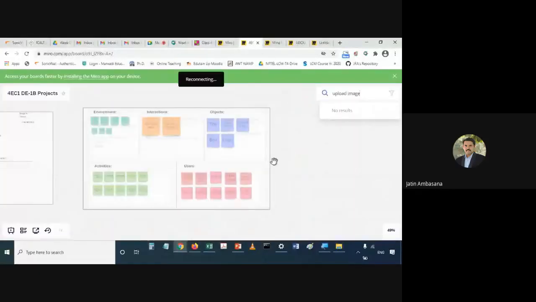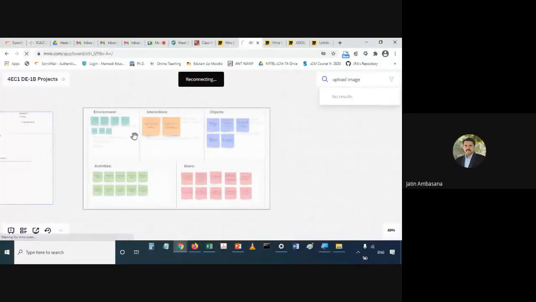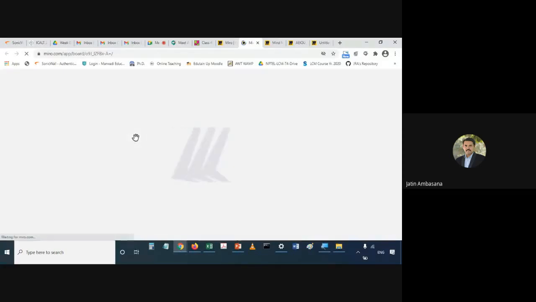Okay, what we will do is we'll be using this Miro board. We had used this Miro board last time in order to get connected and do some work. So let me show you how we can use the Miro board.